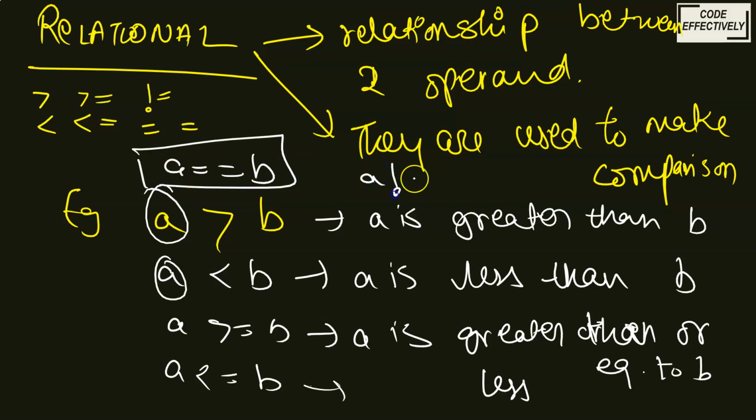If A not equal to B, this signifies A is not equal to B. So these are the relational operators that we can use in Java, 6 in total. I think now you're able to understand what relational operator exactly means.